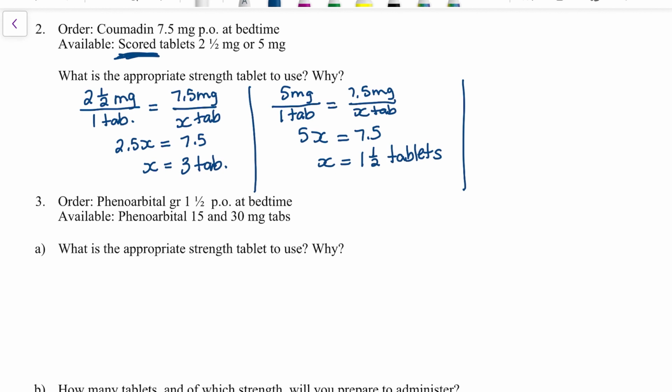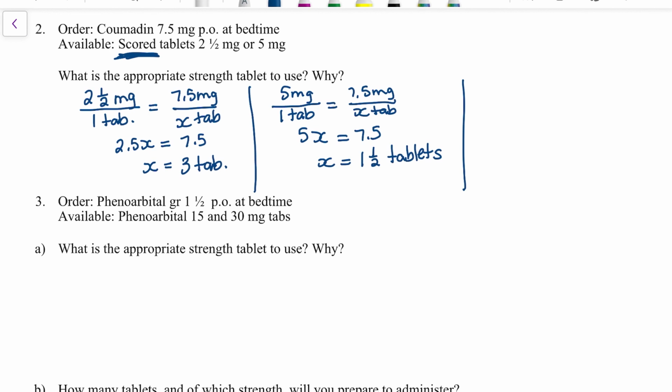So far between these two options, the 2.5 milligram tablet might be a better option because we're not having to split tablets, and it's still no more than 3 tablets. It's also giving me the exact amount ordered. The 5 milligram tablets does give me the exact amount ordered, but I have to split them. They are scored, so I could.